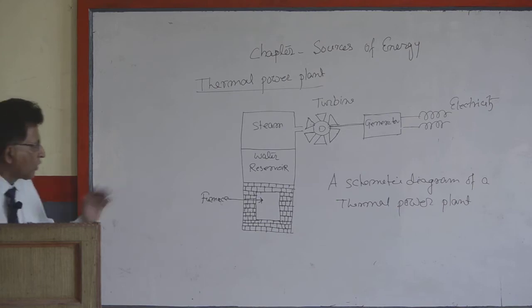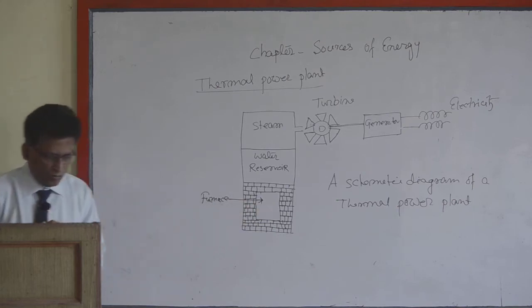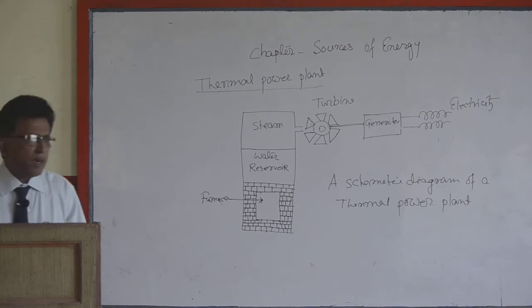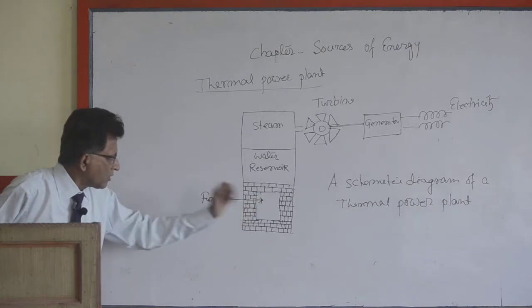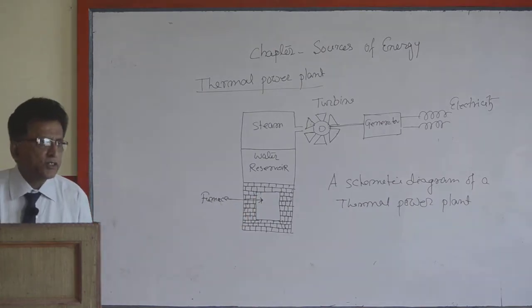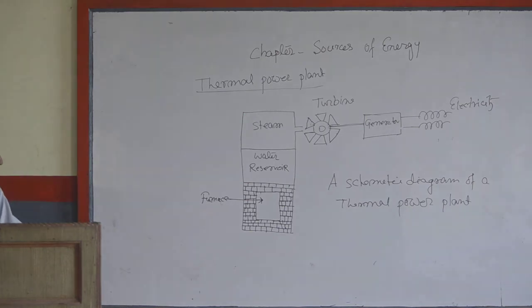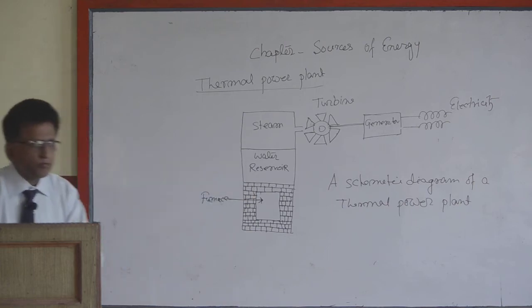Coal or oil is burnt in a furnace to produce heat energy. This heat energy is used to boil water in the reservoir.